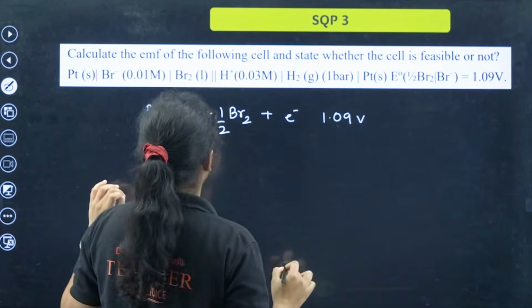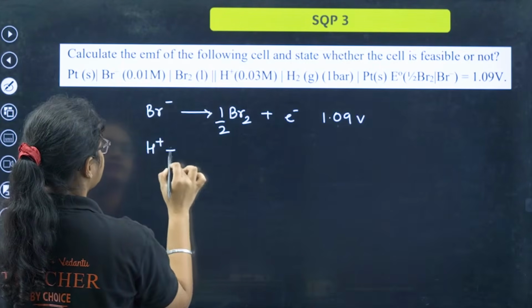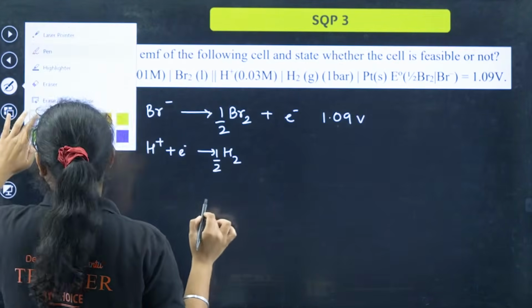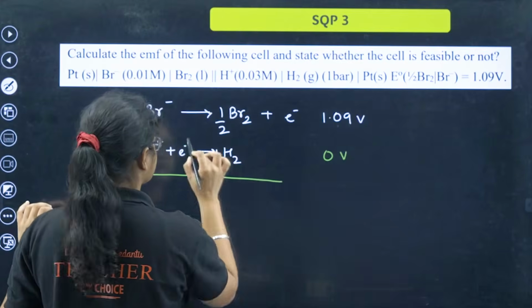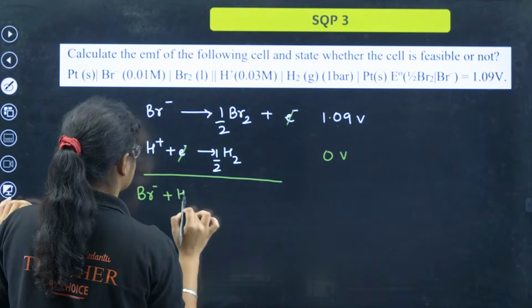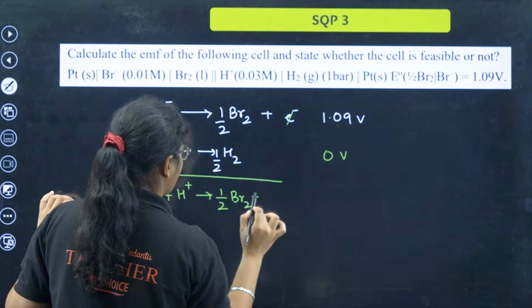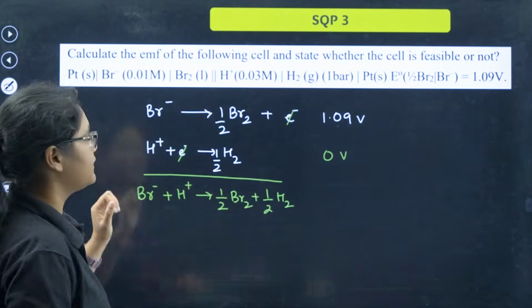Okay, then the next one is for hydrogen, so I can write H plus plus 1 electron gives me half H2. Okay, and we know that the reduction potential for this one is 0 volt. Now if I add both of these reactions, what I will get? Br minus plus H plus, and I have half Br2 and half H2, right? This is the final reaction.